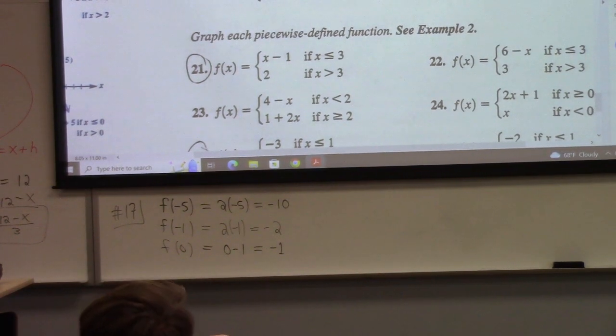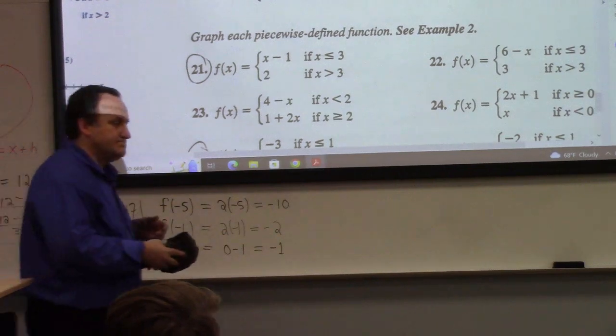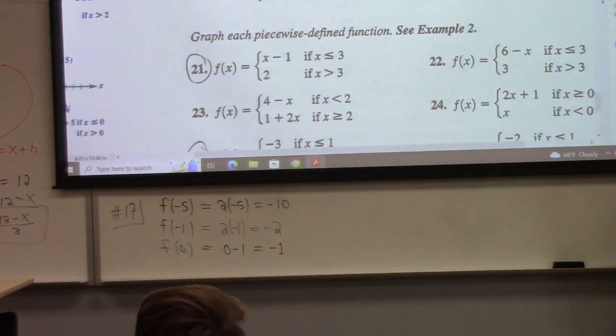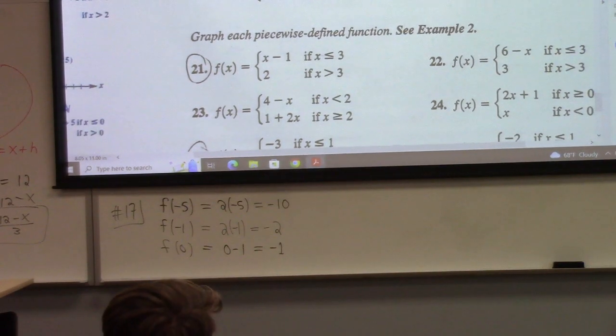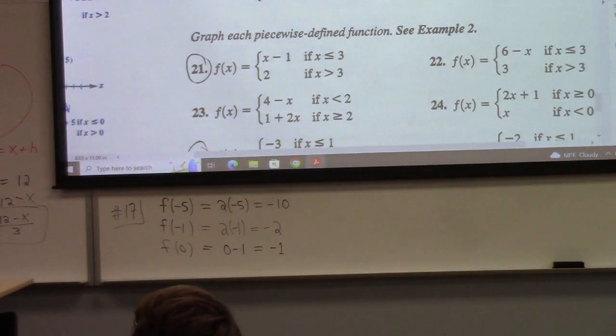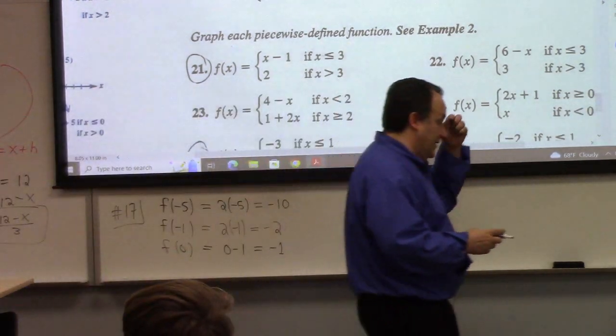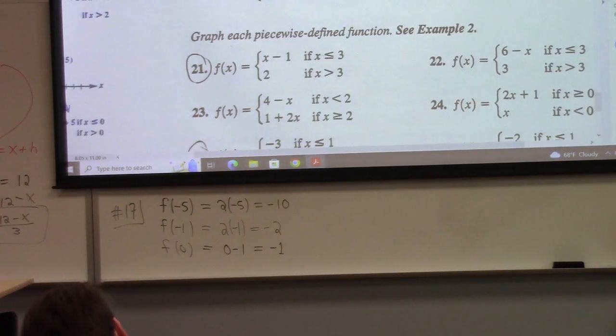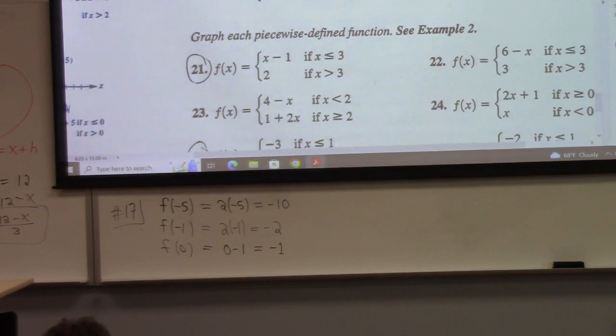So how do you graph a case-wise defined function? Let's look at one of those. Suppose I tell you f of x is equal to, let's say, x squared plus 1 for x greater than or equal to 0, and it's equal to 2 minus x for x less than 0.